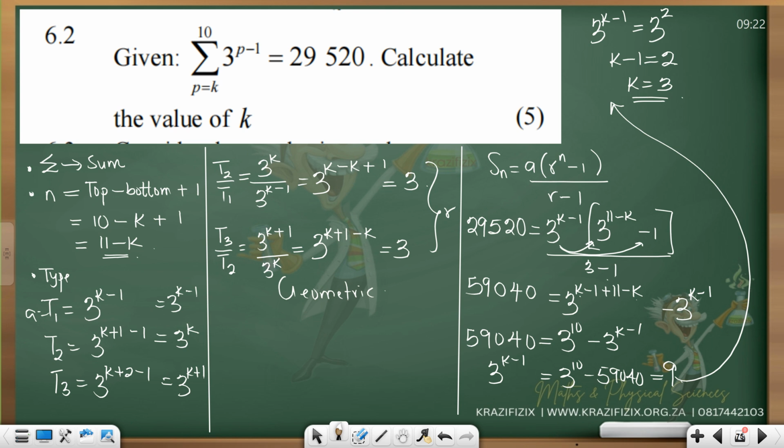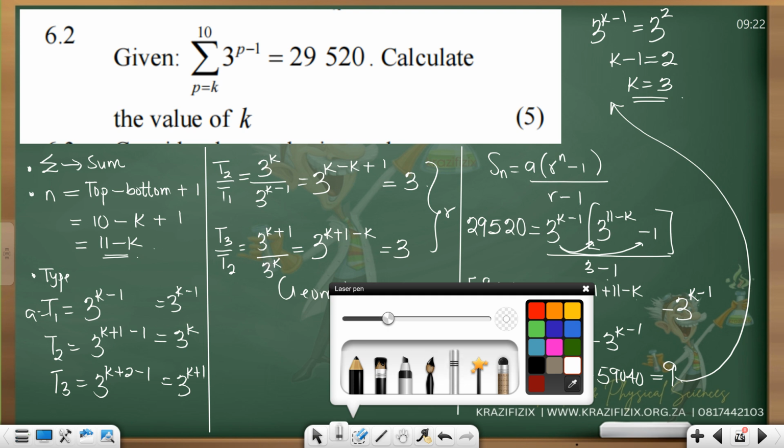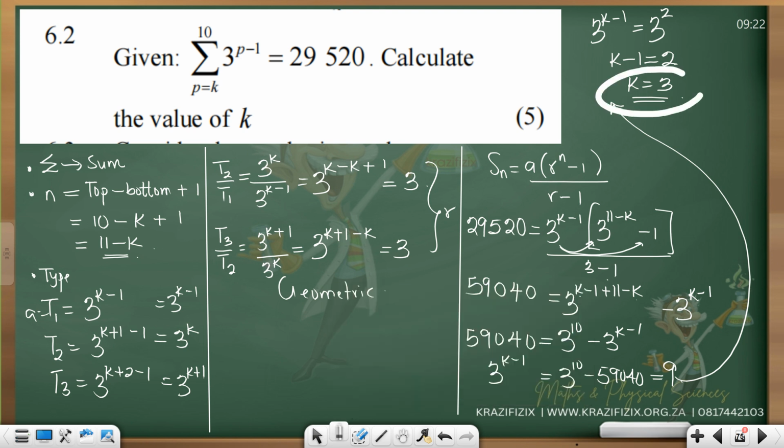Where are you lost? Which step? If you just say the value of k, which step? The last one. Which number is confusing you? Talk to me, Ntabi. When you say the last one, this. k is equal to 3, yeah.